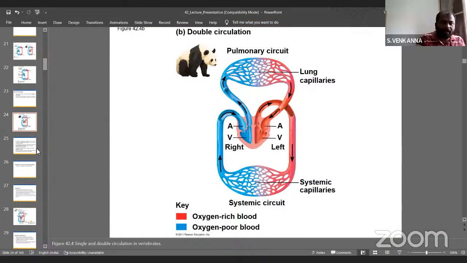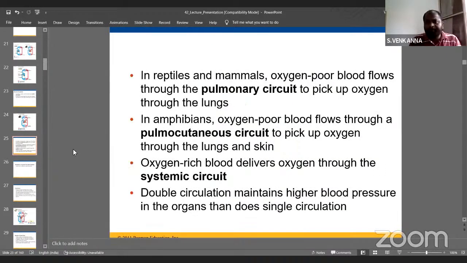So this is the double circulation system. In reptiles and mammals, oxygen-poor blood flows through the pulmonary circuit to pick up oxygen in the lungs. This is a double circulatory system.